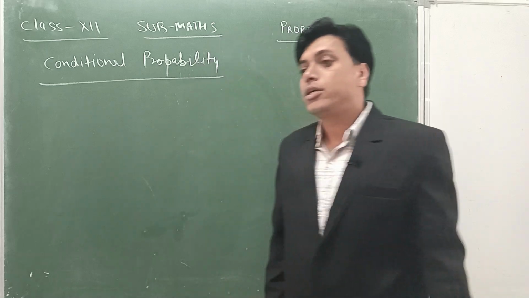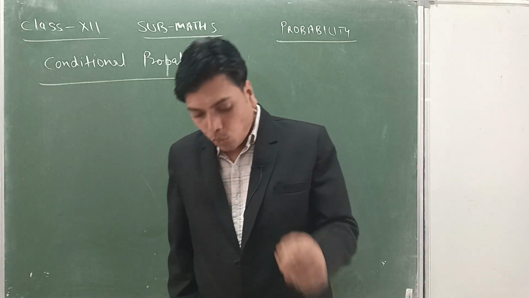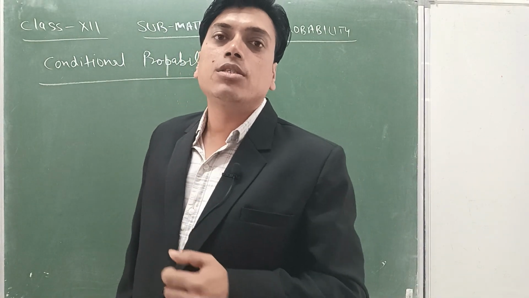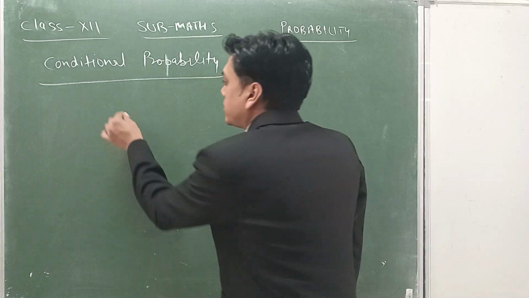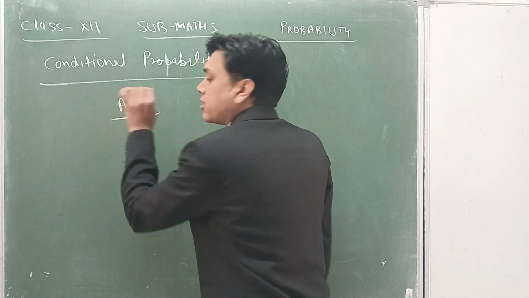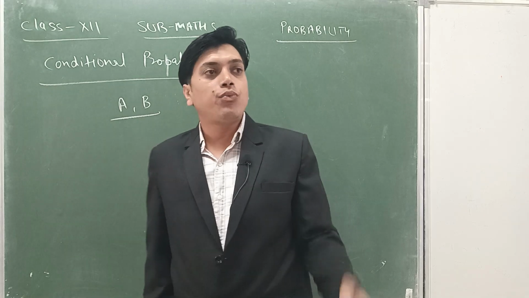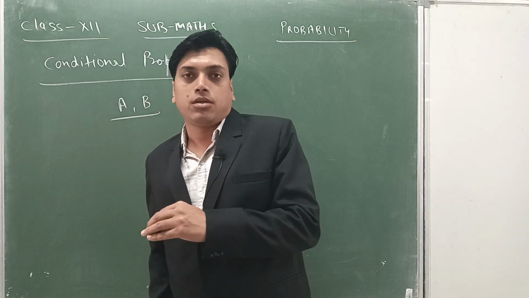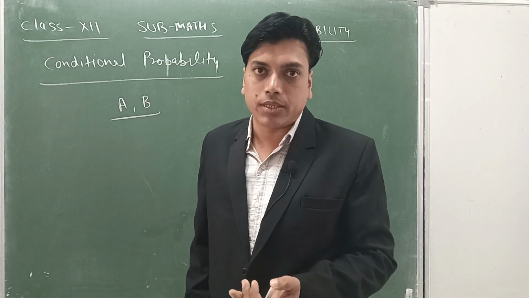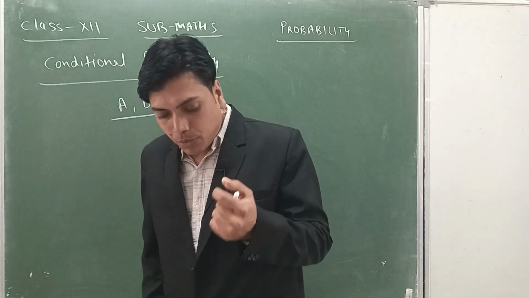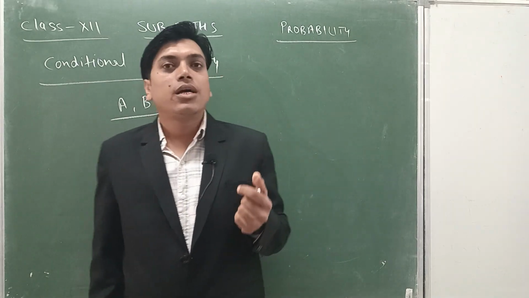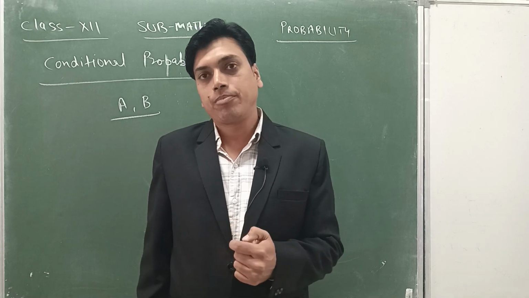So, conditional probability. What is conditional probability? Suppose we are given two events, event A and B, and we know that one event will happen after the another event. Then this type of condition is known as conditional probability.